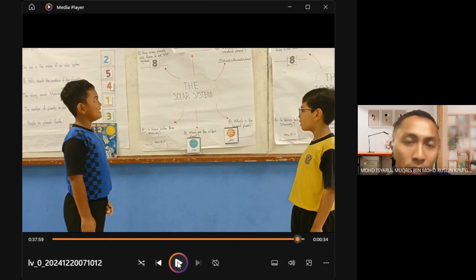However, there were areas that need improvement. In terms of time management, the group activity was a little bit challenging, as some groups required more time and the other groups required less time to complete the task. So in future lessons, I plan to set a clearer time limit and provide more structured guidance to ensure that all groups stay on track.